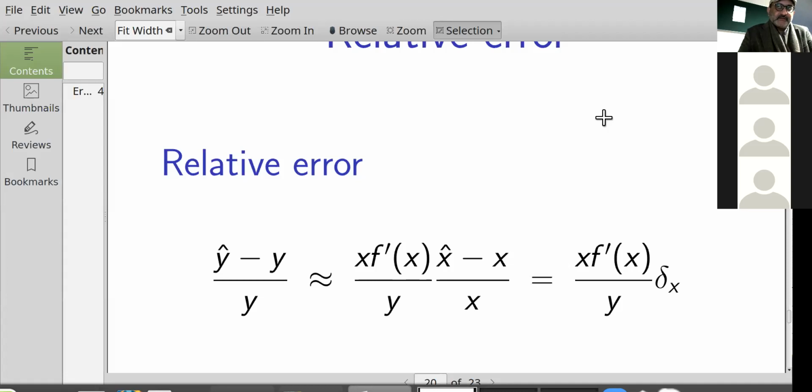Okay, so what that means is I've got an x, and it has a relative error of delta x.